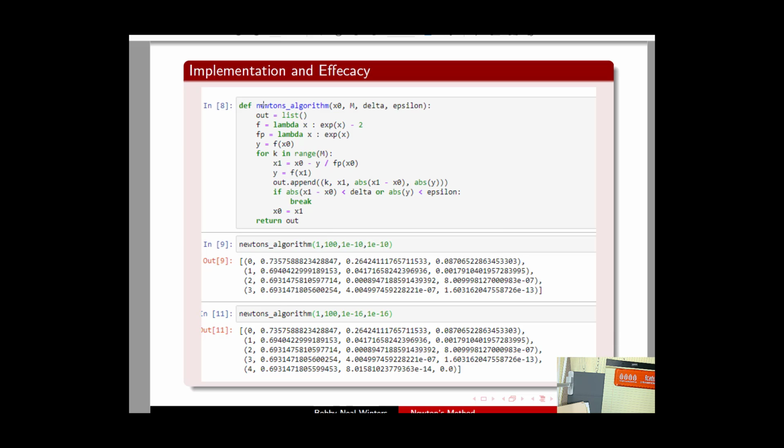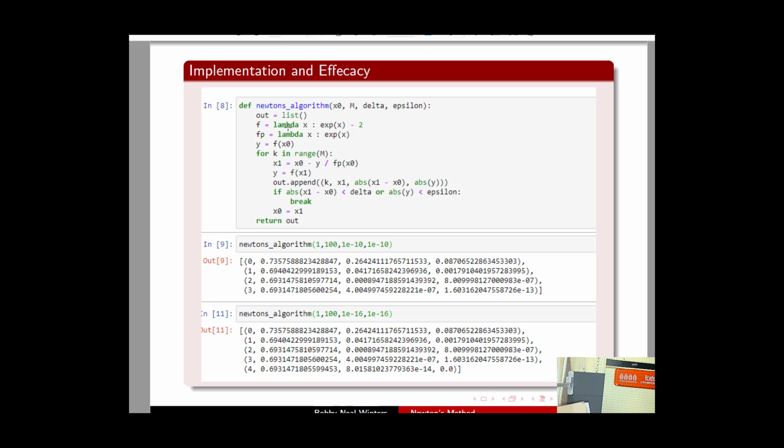This is how it can be implemented in, say, a Jupyter notebook. We have Newton's algorithm, and I will put my output to a list. Here I define my functions in the code.